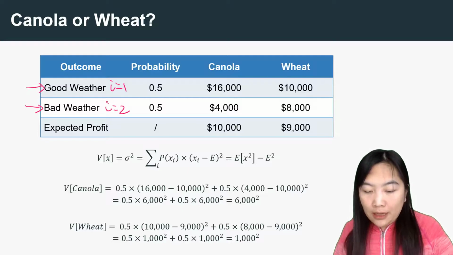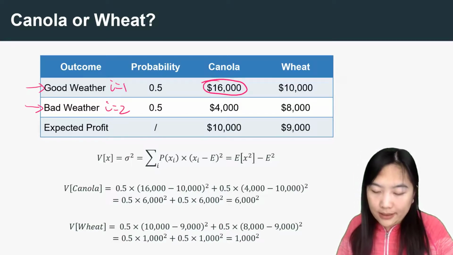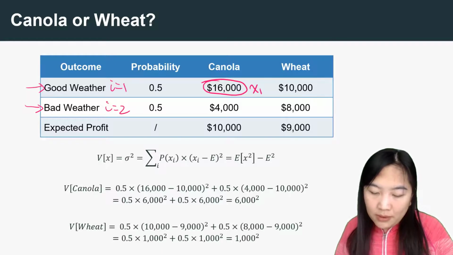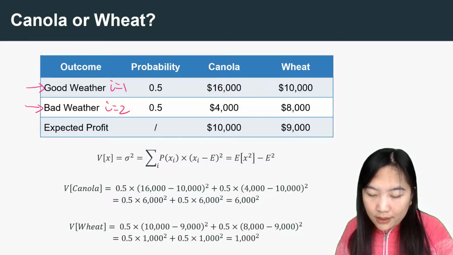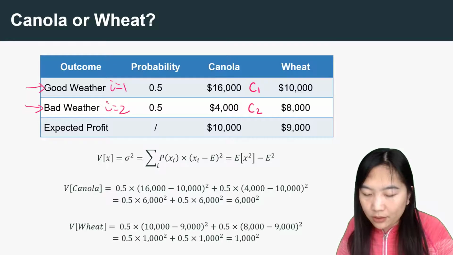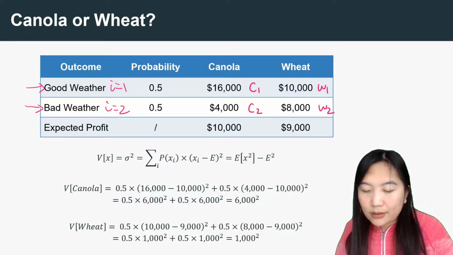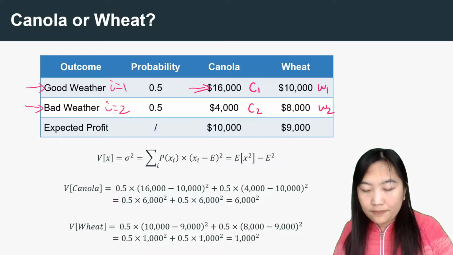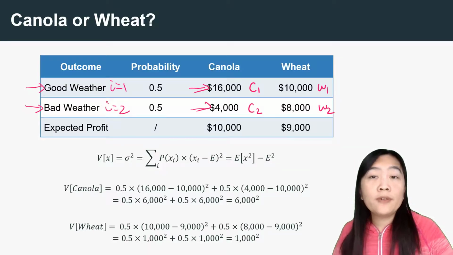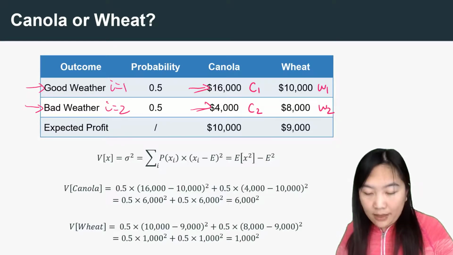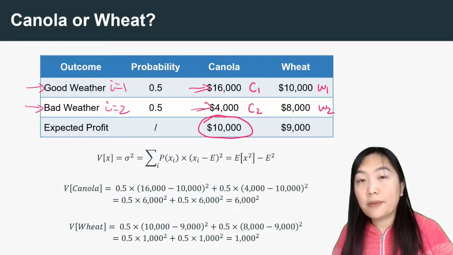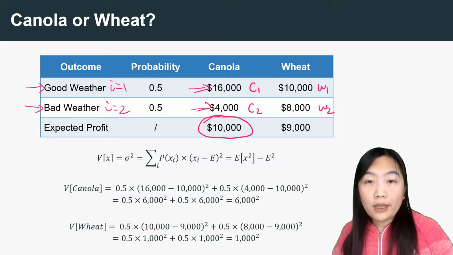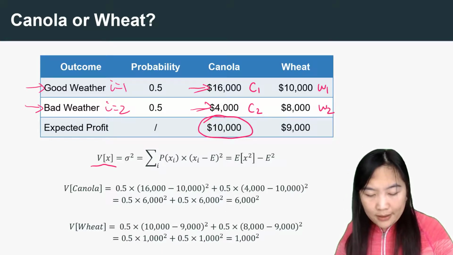For canola, we can use C1, C2, and for wheat, W1, W2. If good weather happened, the profit is this much, and if bad weather happened, the profit is this much. Last time we already calculated the expected profit. So today, let's continue with the variance.